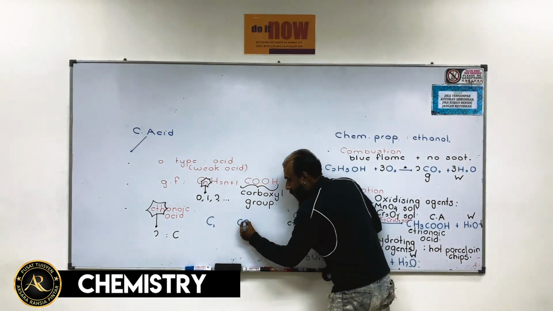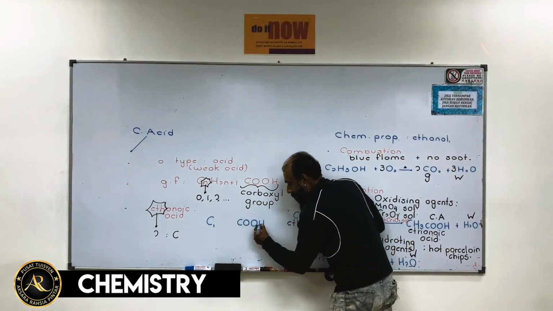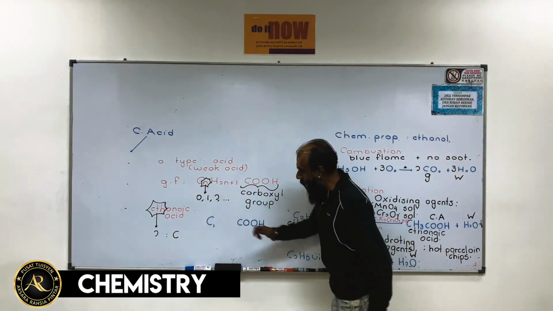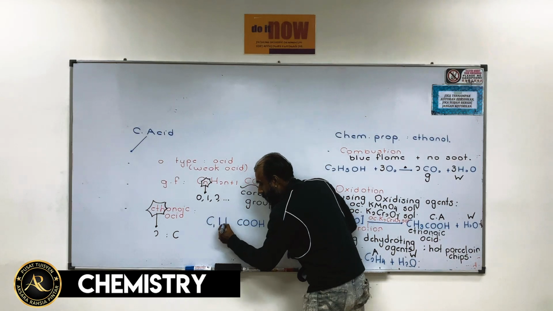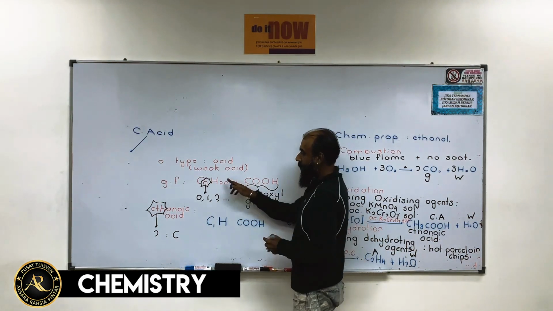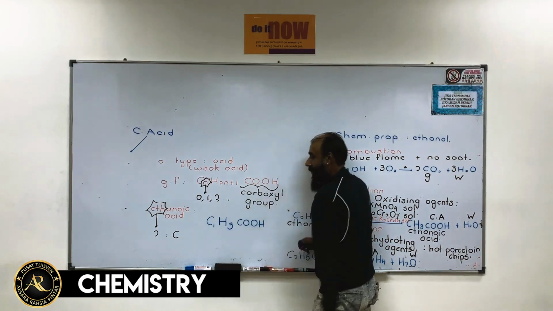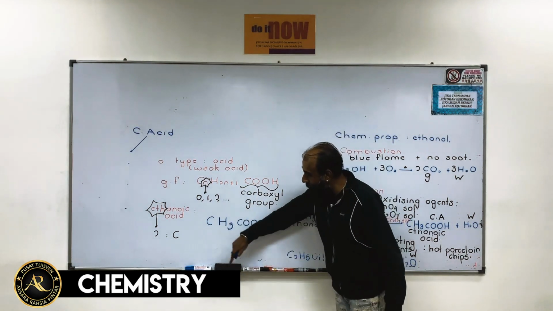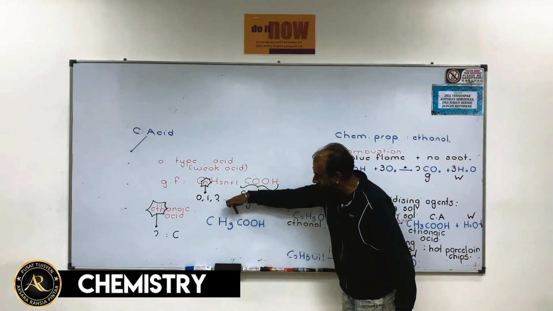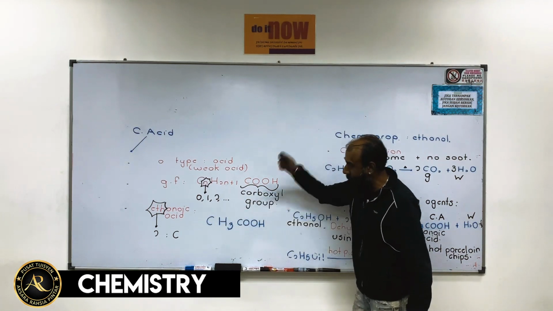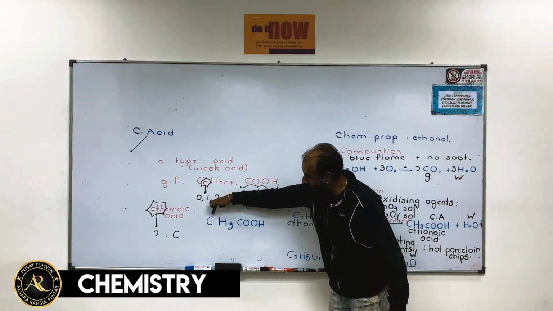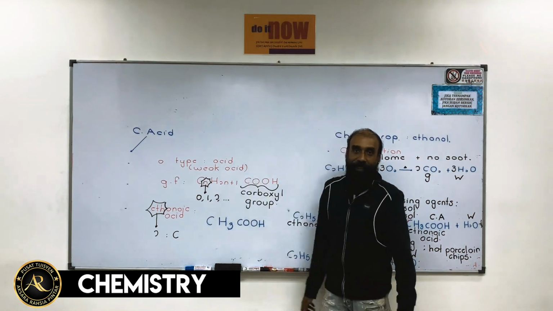So COOH. When the first carbon is 1, hydrogen is 2 times n plus 1. How much will you get? So now, easy way: CH3COOH. 1 carbon, 2 carbon, total 2.